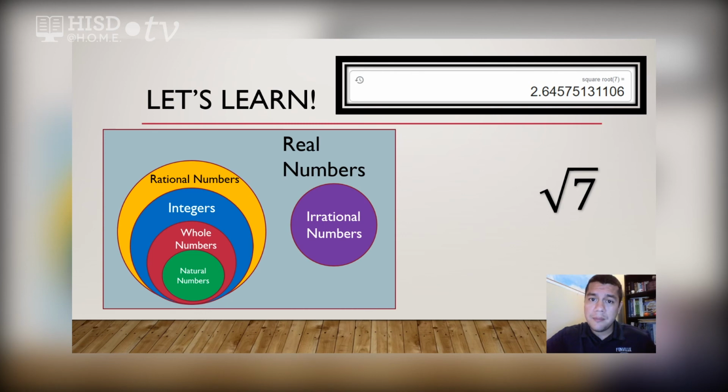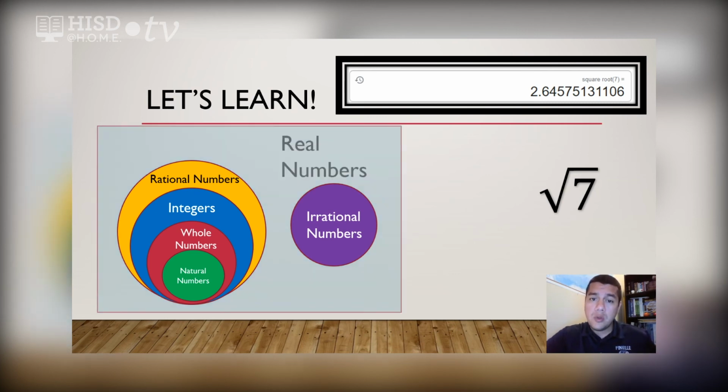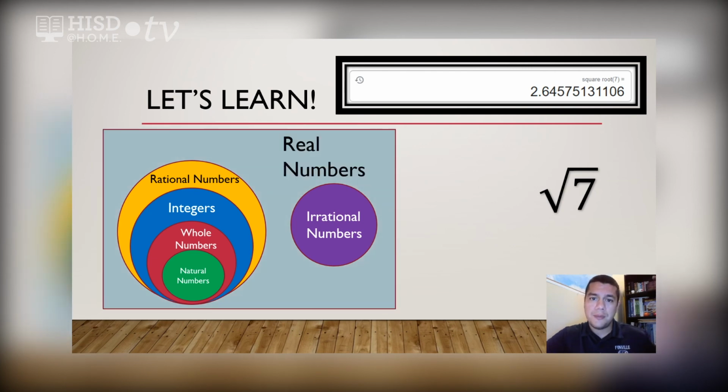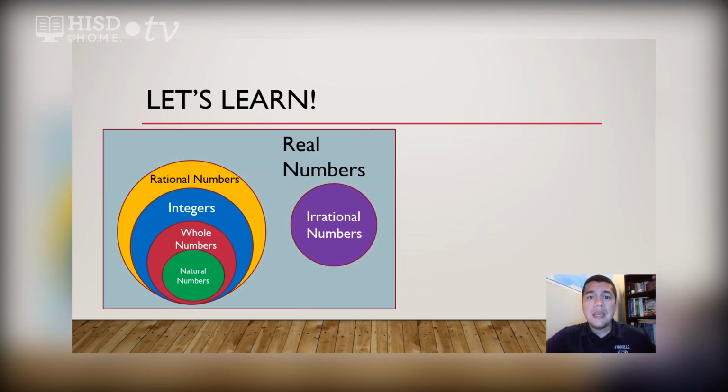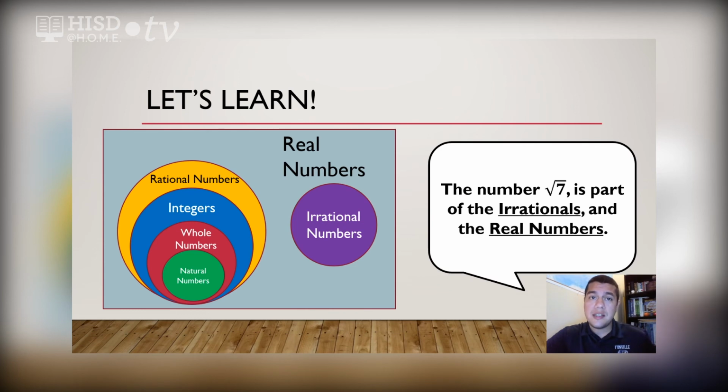What does that mean? Well, according to our review vocabulary, that means that the square root of 7 will be part of the irrational numbers. And if it's part of the irrational numbers, that means that it's also part of the real numbers. So now we can use our sentence stem to say that the number square root of 7 is part of the irrationals and the real numbers.